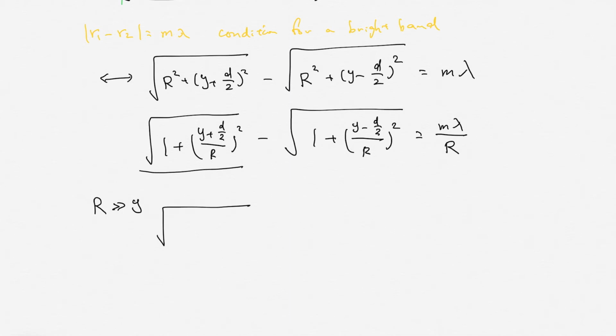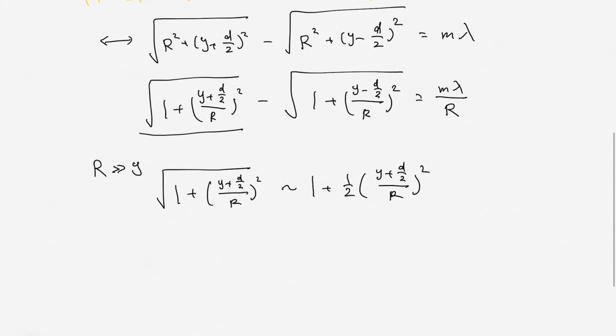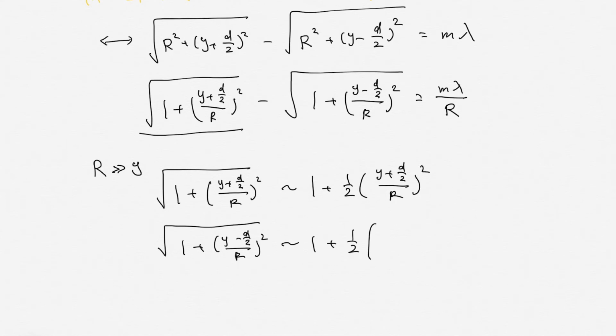So this expression, the square root of 1 plus (y plus d over 2) over R squared, is approximately 1 plus 1 over 2 times (y plus d over 2) over capital R squared. Also, the square root of 1 plus (y minus d over 2) over R squared is approximately 1 plus 1 over 2 times (y minus d over 2) over capital R squared.